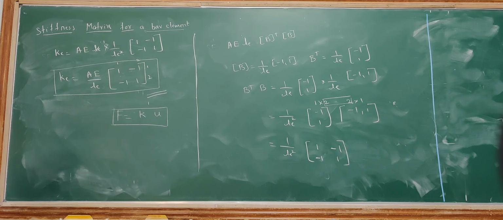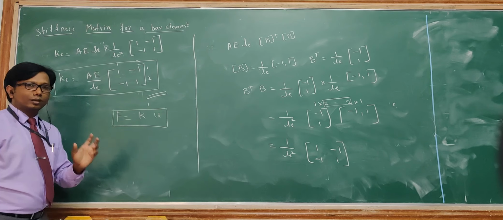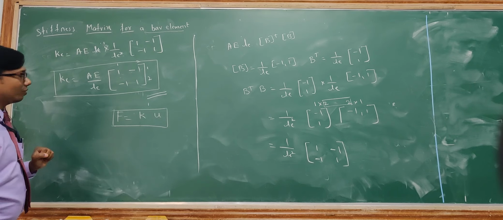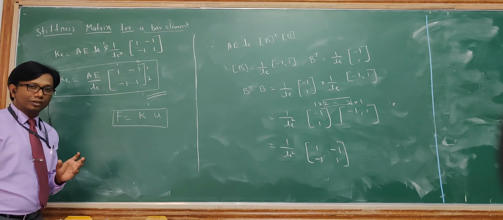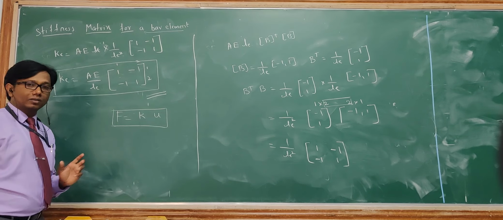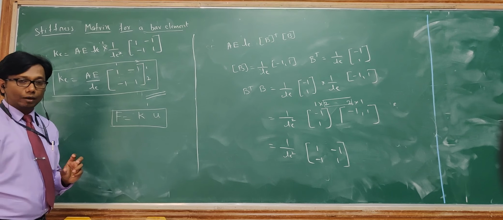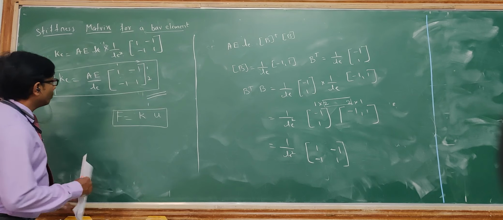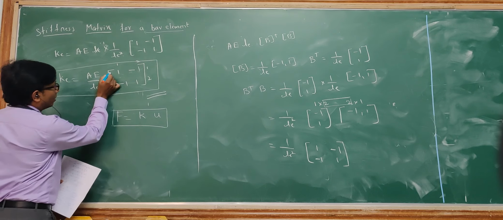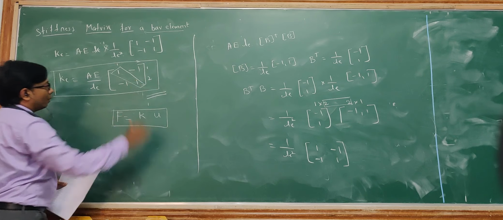One more thing here, we will be trying to understand some basic properties of a stiffness matrix. One of the important properties of a stiffness matrix is that it always remains a symmetric matrix. If you know the basic matrix parameters, this diagonal is called the principal diagonal.